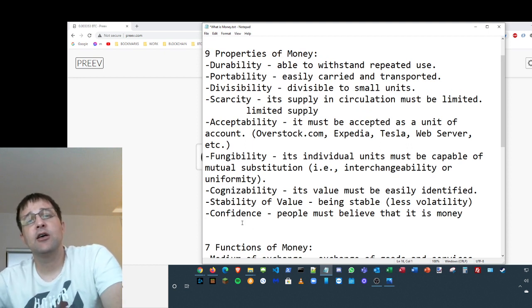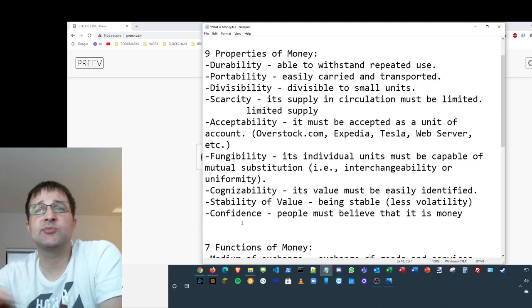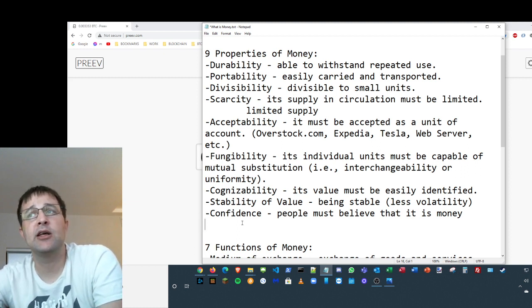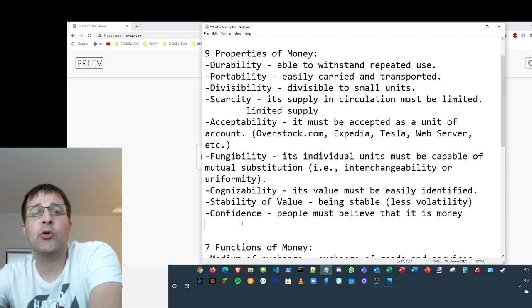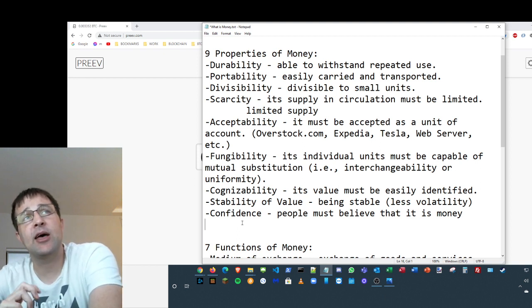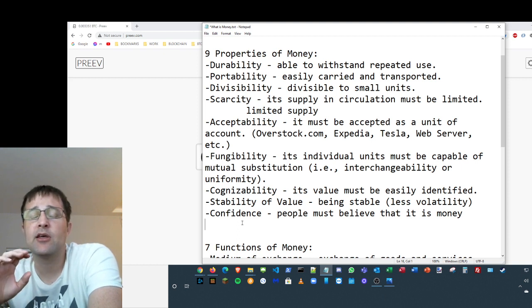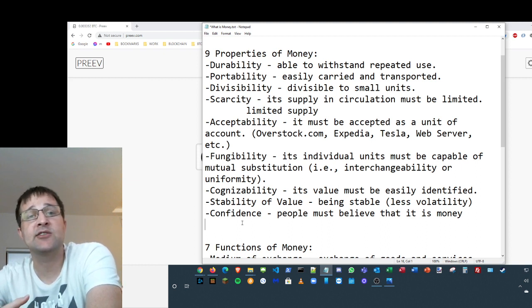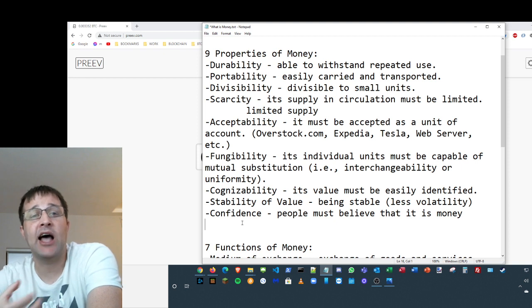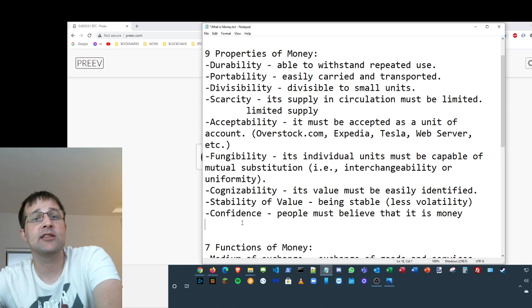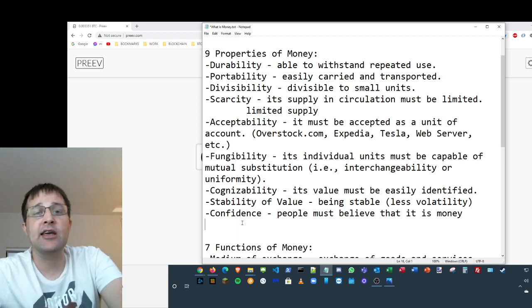One of the things is confidence. So I touched on this briefly in the last video, but one really important point about money is the fact that people believe that it has value. And they believe that, and that's why they use it. If people stop having confidence in the money system, they're less likely to use it, and the value will actually depreciate.